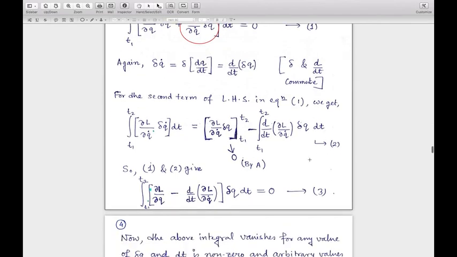Now the boundary term will vanish because delta q has a 0 value at both t2 and t1, so you simply have this one.